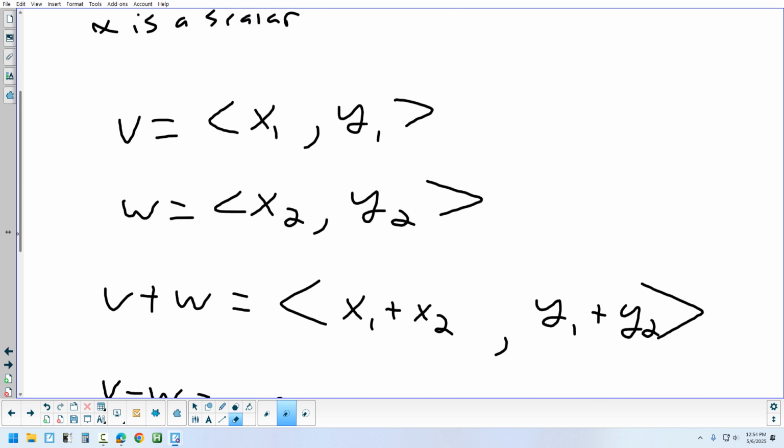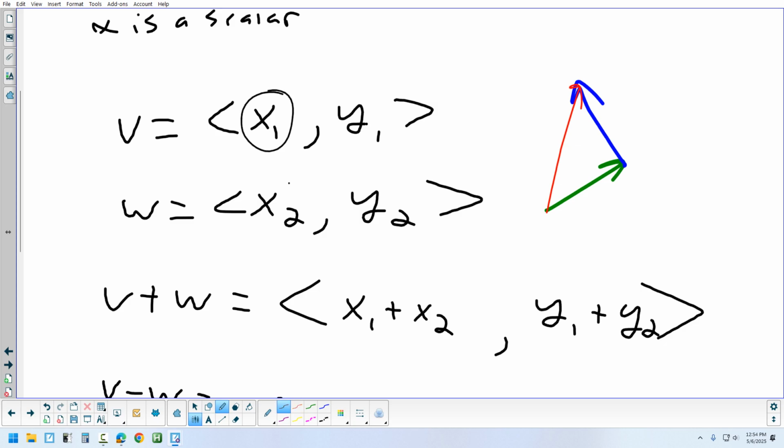If you want to add two vectors together, the old way that we added them together is we took a vector like that, we took another vector like that, and then we drew in the third side like that. Now, if we want to do it with just adding, if these are your two vectors, all you have to do is add this number to that number, and that becomes your horizontal for your vector.